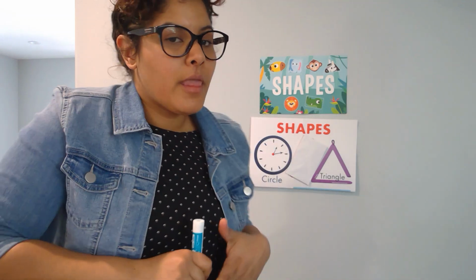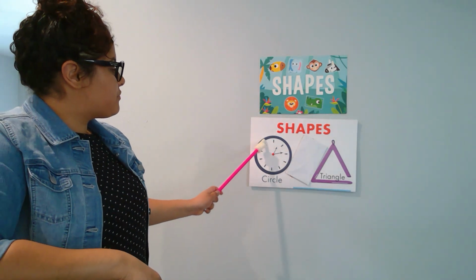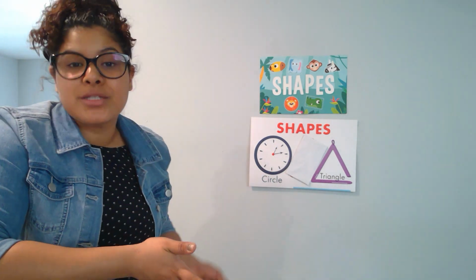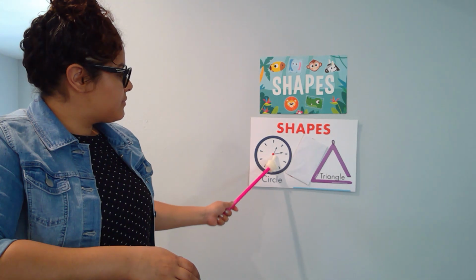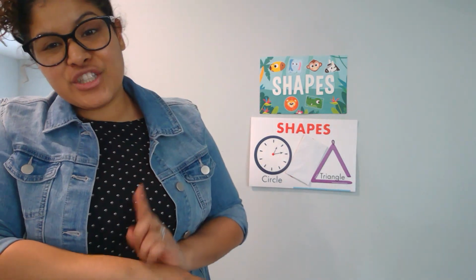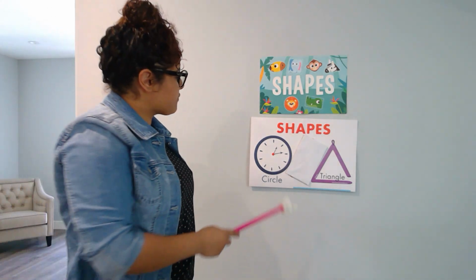So let's talk about the shapes that we're focusing on for this first lesson. We have the shape of a circle, and the circle is the shape of what we were just learning, a clock. A circle is a very different shape of any other 2D shape that we're talking about.